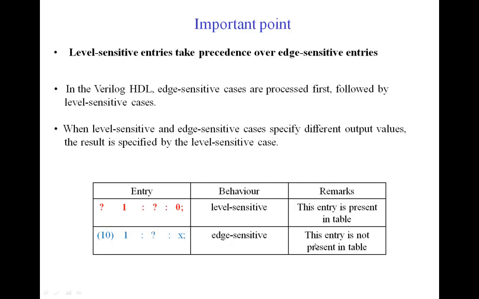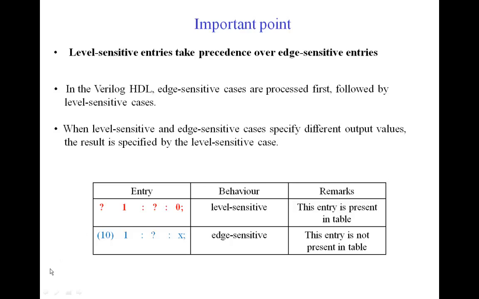Since this entry is not there, it will give us an x unknown value. So we have seen that for all cases we have to have entries, otherwise the simulator will return x. Let us say since this entry is not there in our table, for a given time interval we are giving a negative edge and clear is 1.